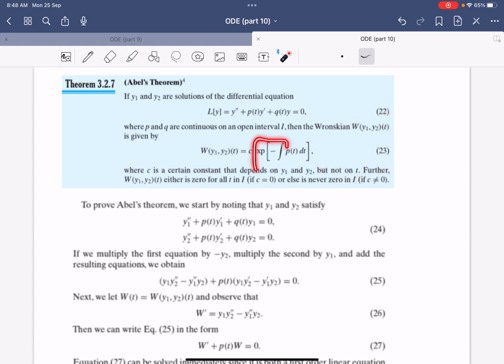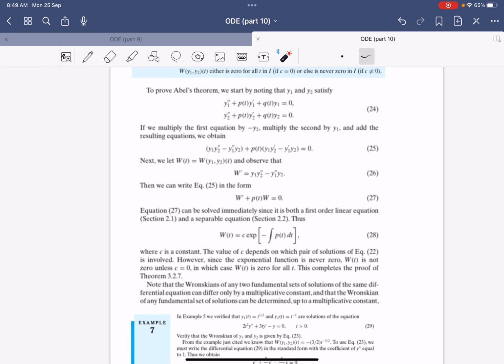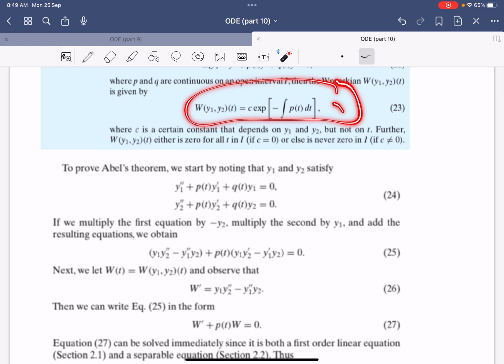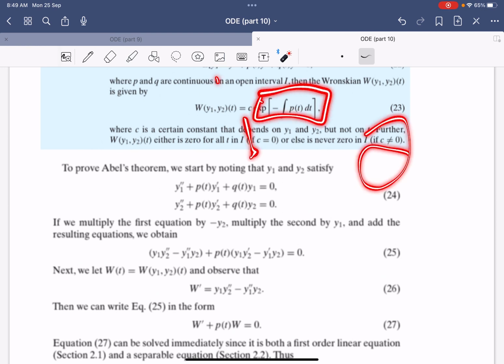Well, this looks like an integrating factor, and there's some constant about it, but we don't really call it an integrating factor. Instead, we just show that the Wronskian intuitively will look like this. So what does it mean? This means that the Wronskian is either 0 for all t, or it's never 0. Because this part is non-zero, it's either that c is 0 or c is not 0.